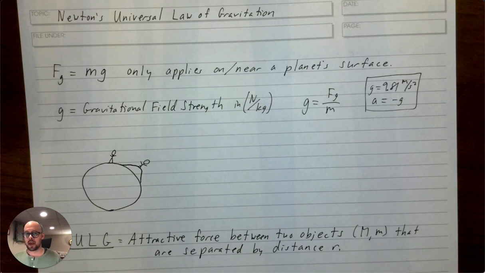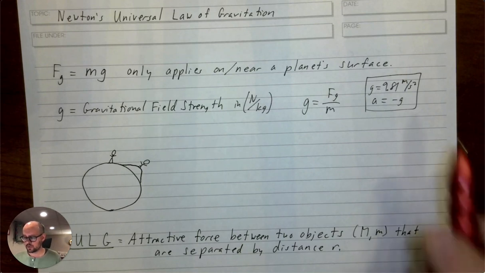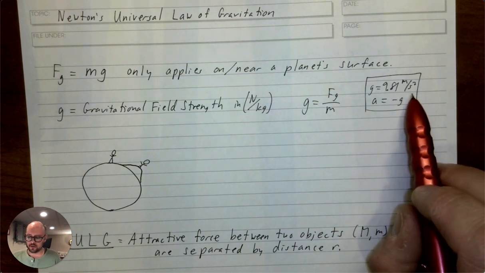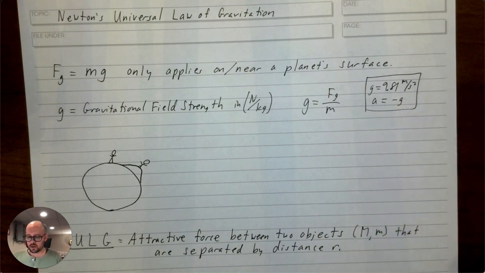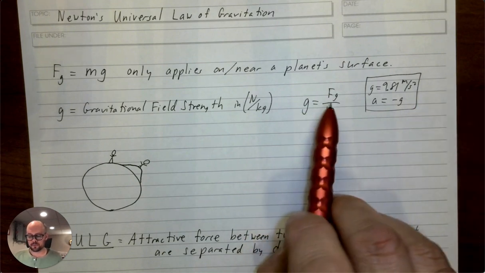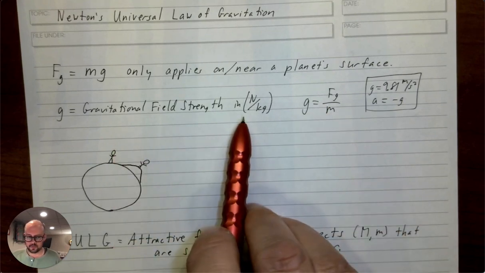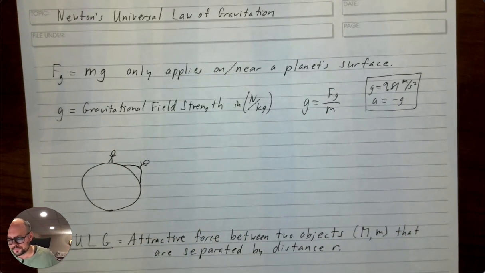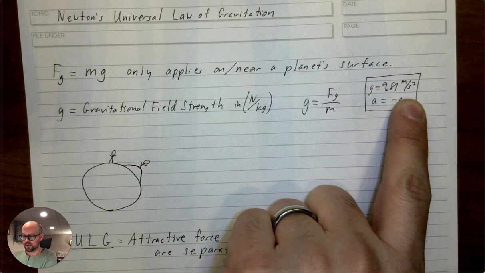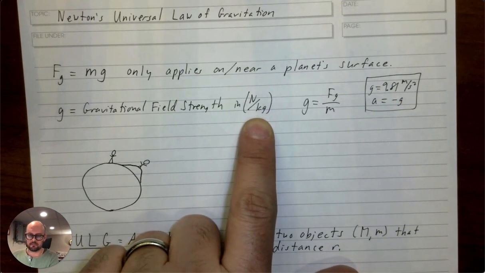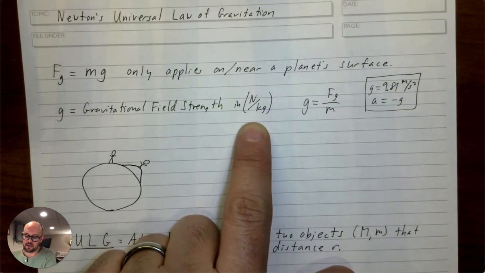If an object is actually accelerating, we use 9.81 meters per second squared. But if we are just describing the effects of gravity in terms of forces, then we describe it as gravitational field strength. So meters per second squared and newtons per kilogram must be the same units, and they are.